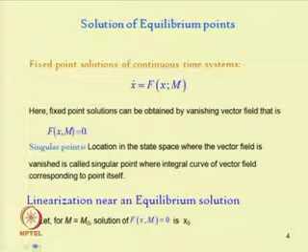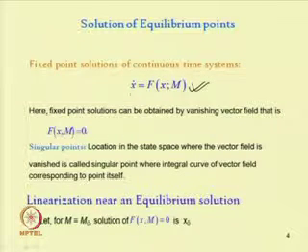We studied the solution of the equilibrium points. Equilibrium points are the fixed points. For example, in the equation x dot equal to f(x, m), where m is the control parameter and x is the state variable, to find the fixed point we first equate the terms with time derivatives to 0, that means x dot equal to 0.